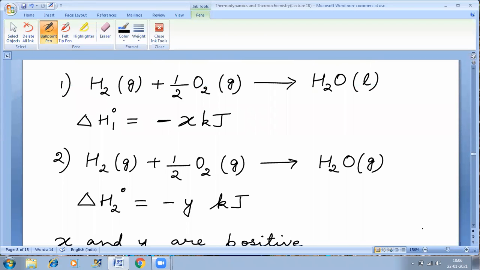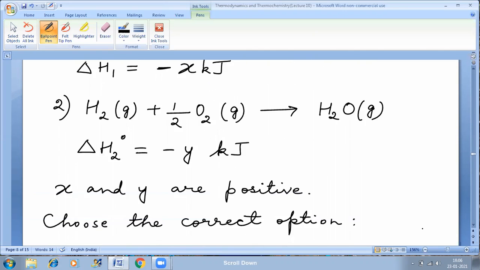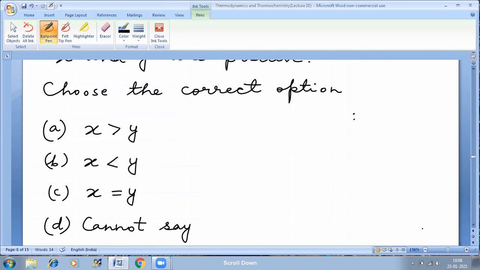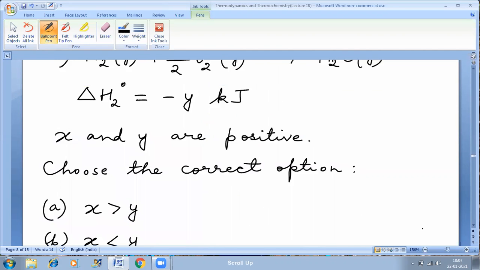That means can I say minus x and minus y are negative? Yes, sir. Choose the correct option. First copy the question.